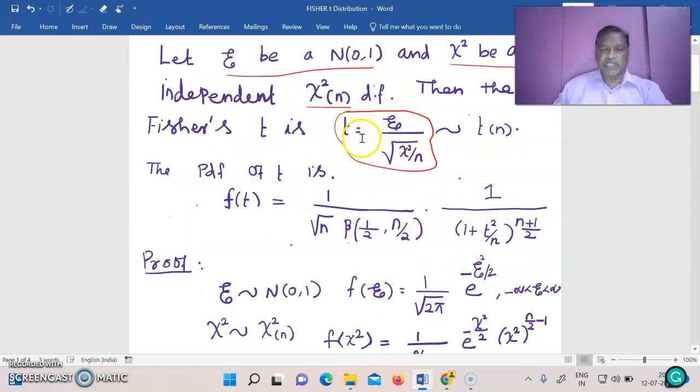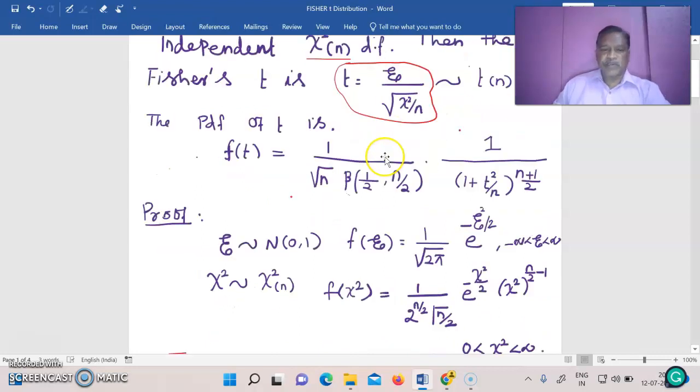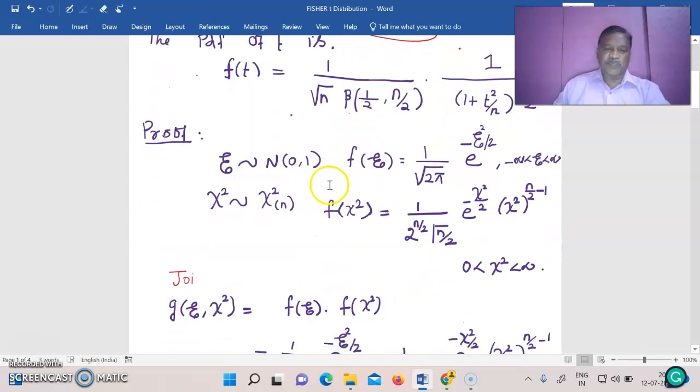Please note that t is nothing but the ratio of two random variables, psi divided by square root of chi-square by n. Psi is one random variable, chi-square is another random variable, n is constant. So the ratio of two random variables is again a random variable. So let us go to the proof.